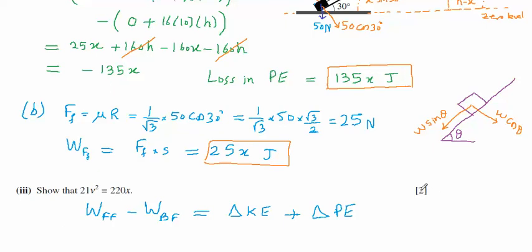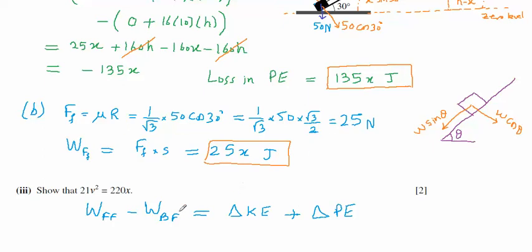We also know that while using the work energy equation, we don't consider the weight as a force on the left side of this equation, because the work done against or by the gravity is already considered in delta PE. Okay, so let's put the values here. In the previous part, we have calculated all these things in terms of v and in terms of x.